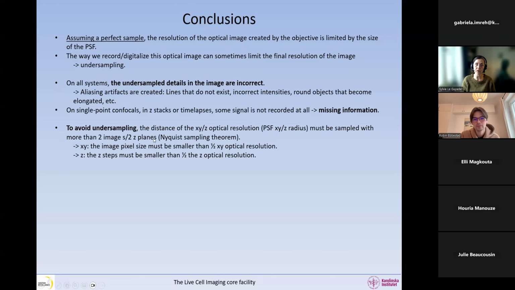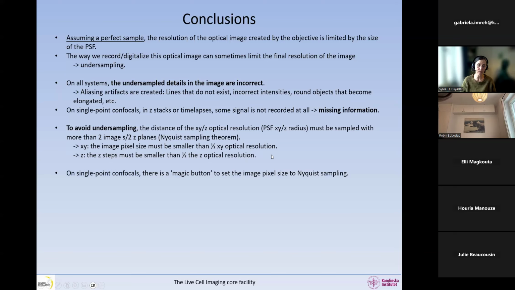So to avoid undersampling, the distance of the XY optical resolution or the Z optical resolution must be sampled with more than 2 image pixels or Z planes. And so in XY, the image pixel size must be smaller than half of the optical XY resolution, and the Z step must be smaller than half of the Z optical resolution.